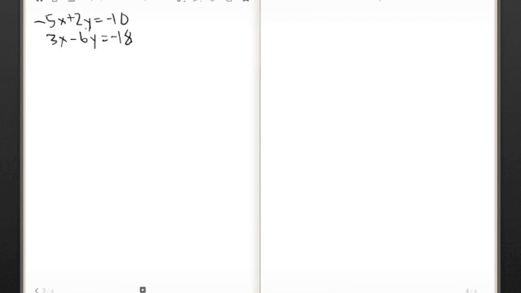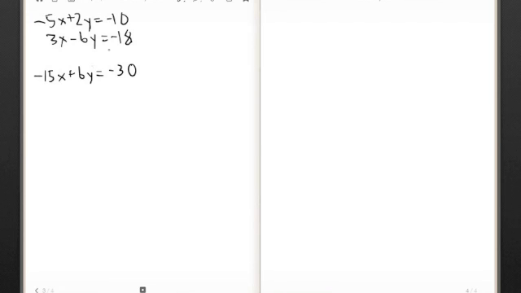Well, we have negative 6y here and 2y here. Now, we're not going to get a negative if we multiply it by 3, but that's okay. Let's multiply this top equation by 3, so we'll have a 6 in both. We'll get negative 15x plus 6y equals negative 30.